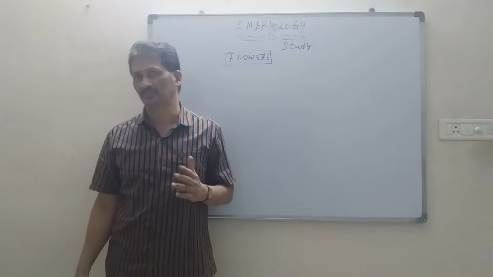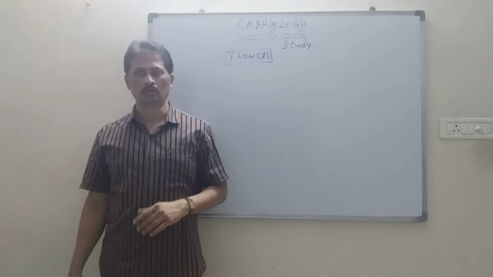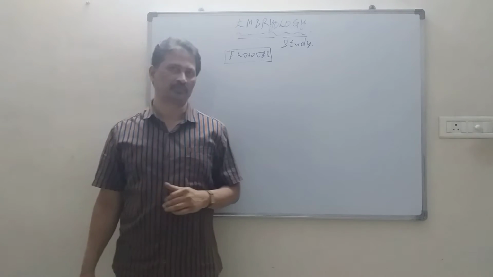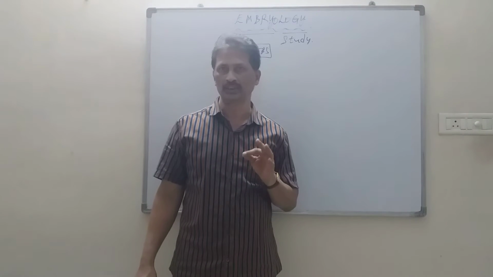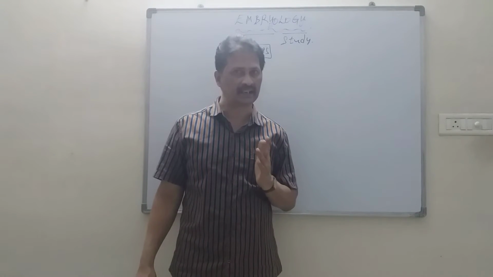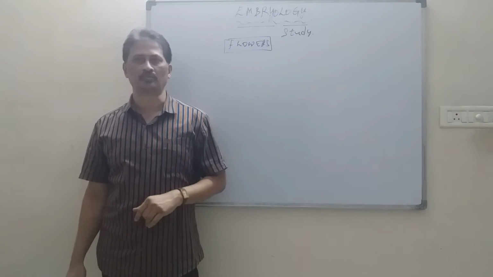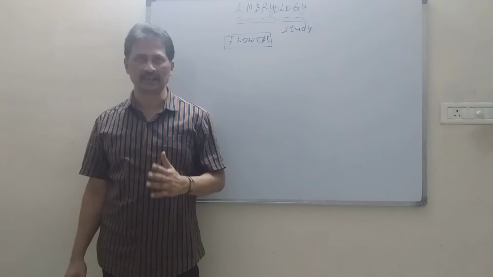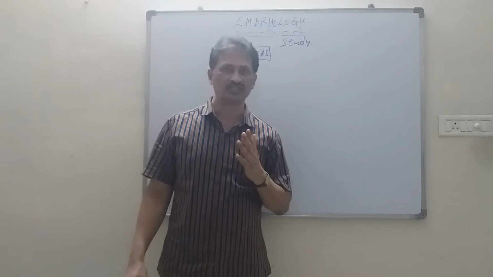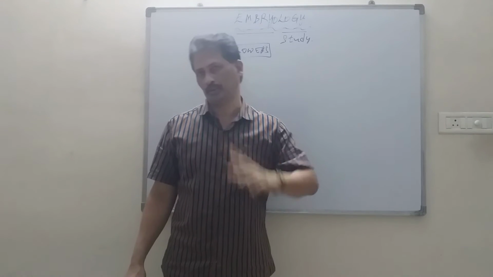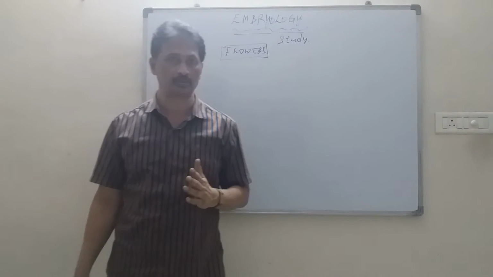The remaining two parts, the androecium as well as the gynoecium, are directly concerned with the reproduction process. That is why androecium and gynoecium are together called the essential parts of reproduction.